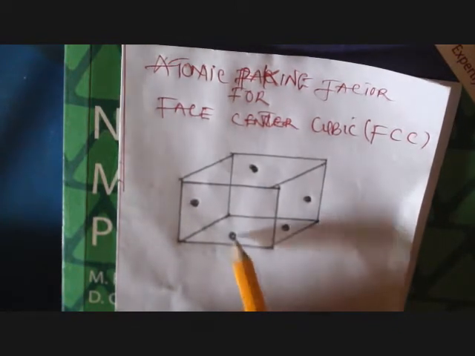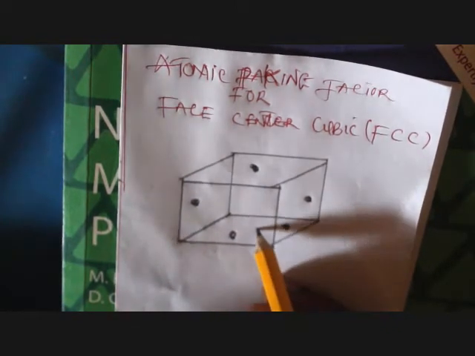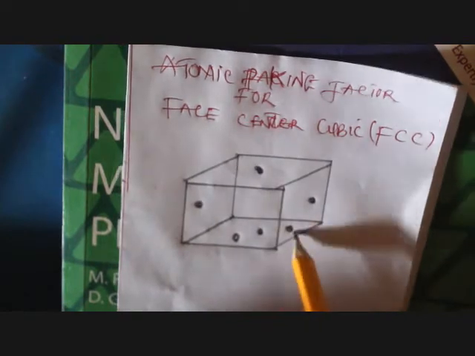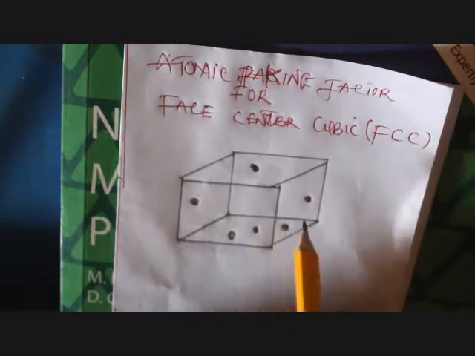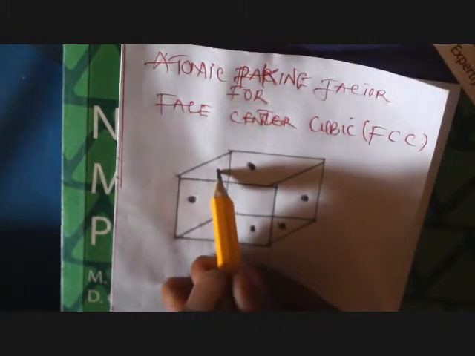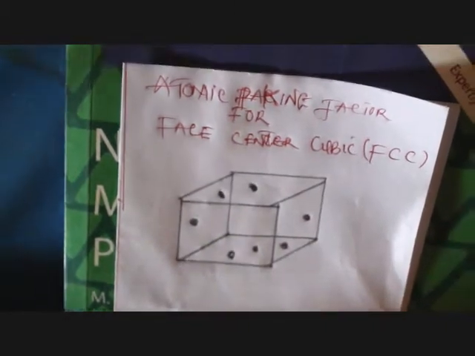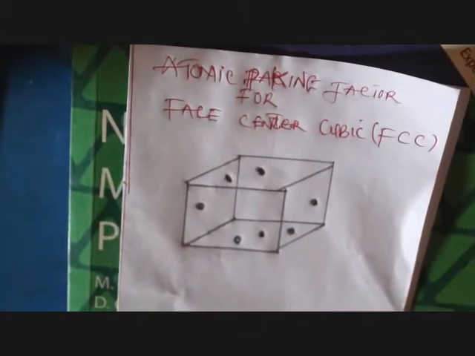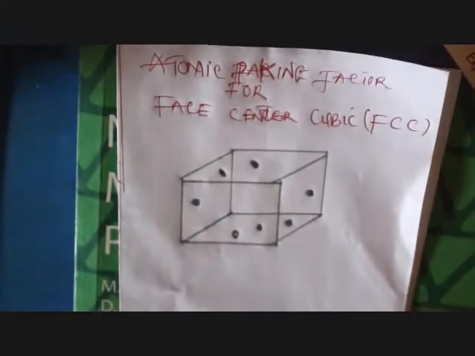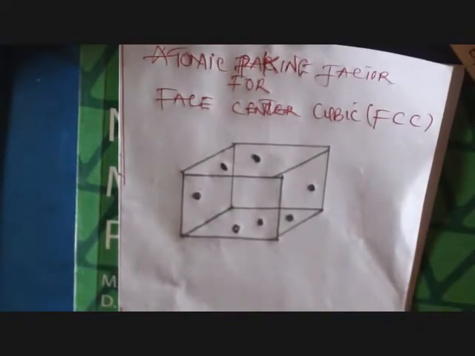Here an atom, at the down an atom. We have 1, 2, 3, 4, 5, 6, and this side we have an atom, so it is 6. The number of face atoms in the cube is 6, so each face has its own atom.